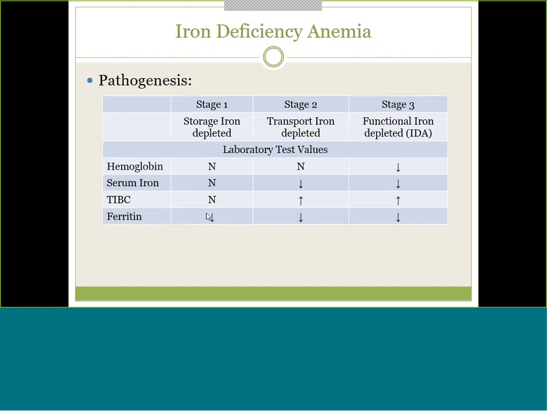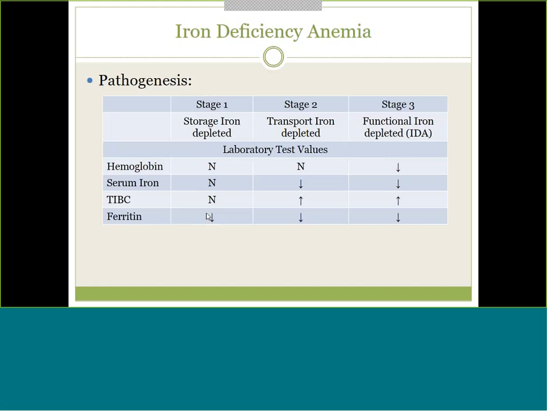What that means is that transferrin protein all of a sudden has a lot of room on it, a lot of binding capacity for other iron to bind with because you're low. If you deplete what's being transported and you don't have any serum iron to transport, all of a sudden you have a lot of room on your transferrin protein to bind with iron. So that's why you see the increase in iron binding capacity. It has nothing on there, so it has room to bind.